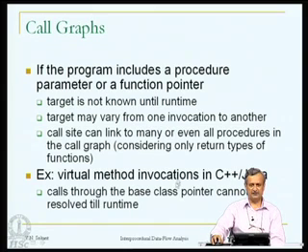Since we are calling through a pointer and a pointer may point to anything, there is nothing better we can do. We will have to point to every procedure that is available in the graph. For example, virtual method invocations in C++ and Java are of this kind. Calls through the base class pointer cannot be resolved till runtime.